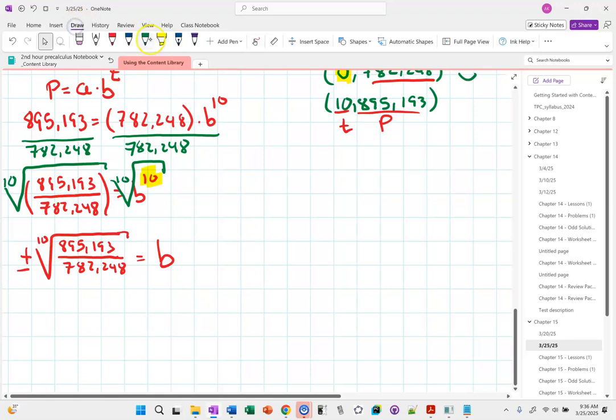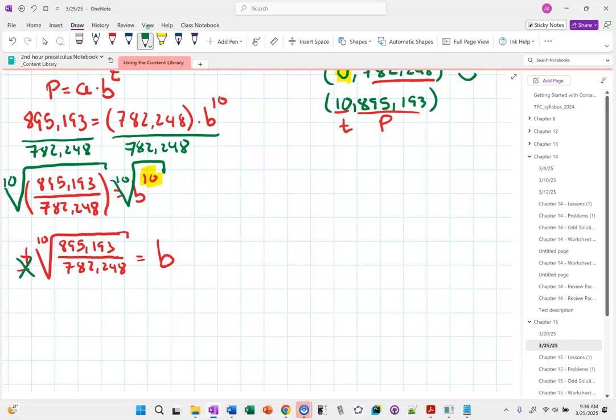But remember, what do we know about exponential equations and the value for b? The value for b must be positive. So we can just discard the minus from the plus or minus.